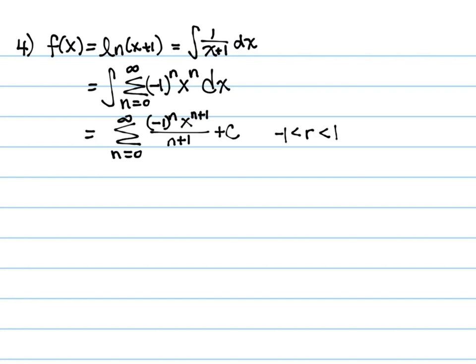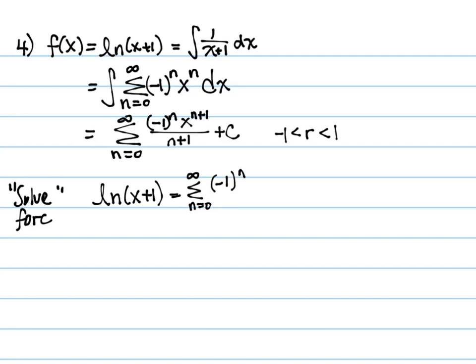So to solve for c, what we need to do is recognize that we have an equation here. We have an equation that says the natural log of x plus 1 is equal to the summation from n equals 0 to infinity of negative 1 to the n, x to the n plus 1 over n plus 1 plus c, right?